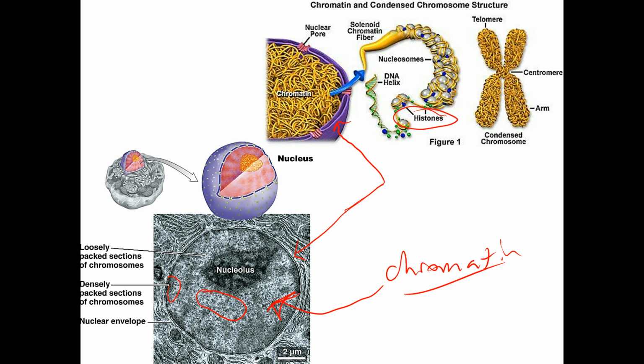The DNA basically spools around these histone proteins, kind of like old telephone cords that twirl and wrap around, basically forming something called a nucleosome. These nucleosomes can compact together, they condense in structure, and this is what forms your chromatin fiber.